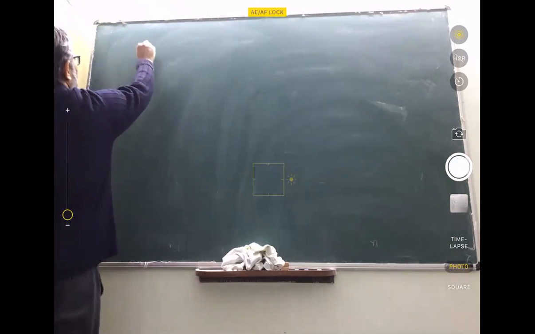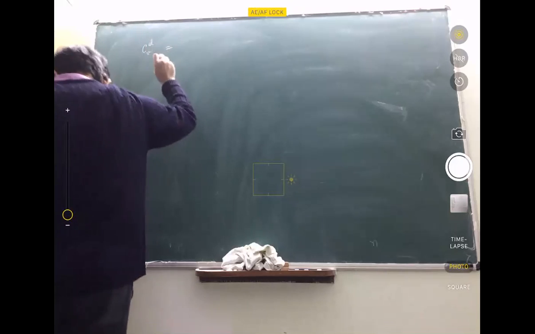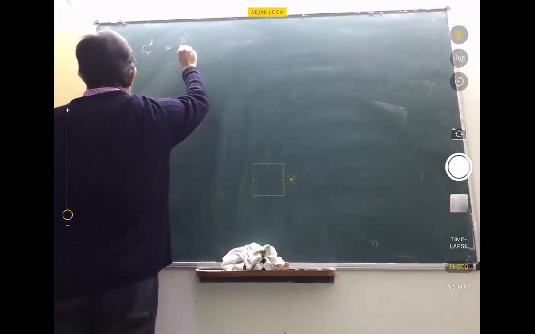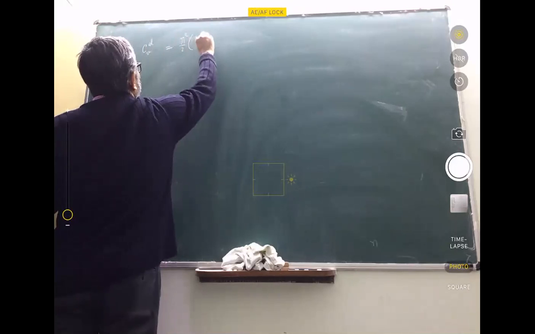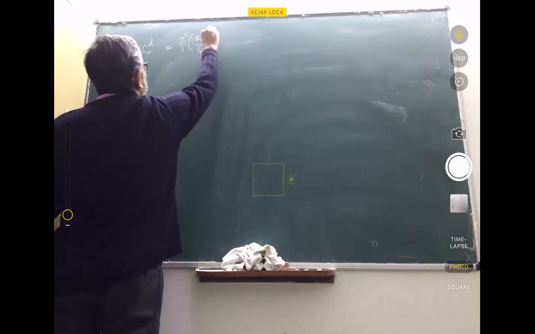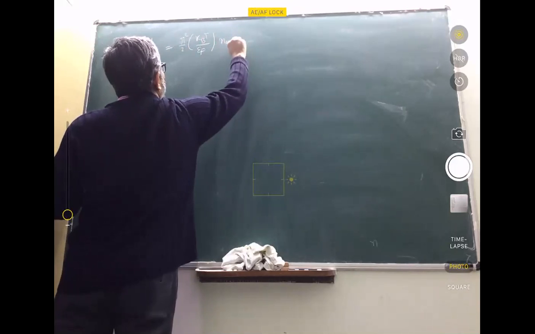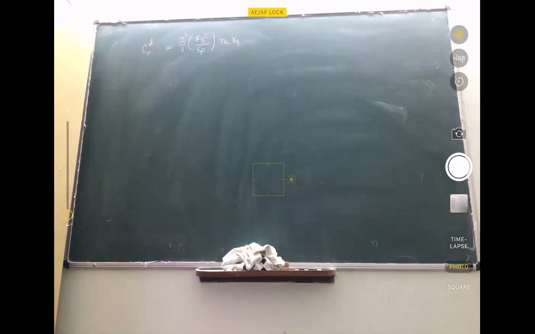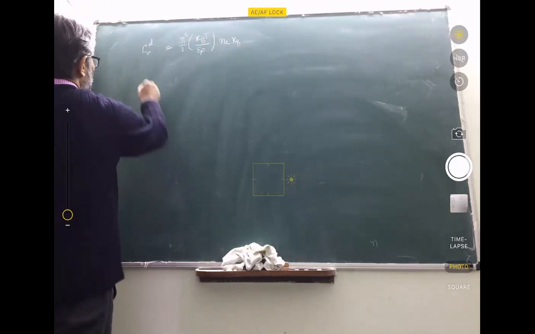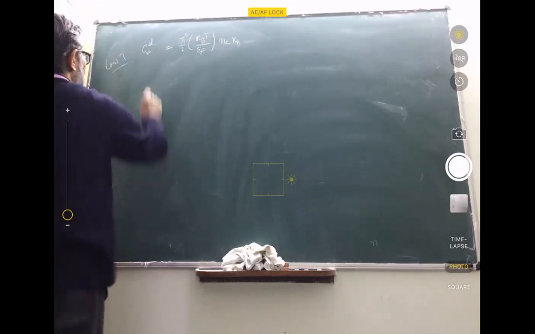So what is the electron specific heat? Here N_e is the density of electrons. And the phonon specific heat, the low temperature specific heat.